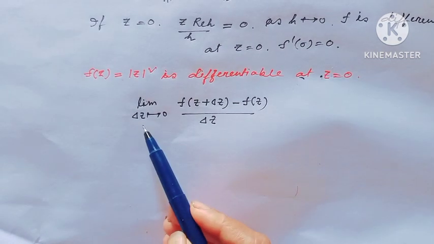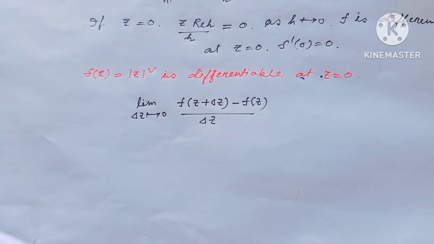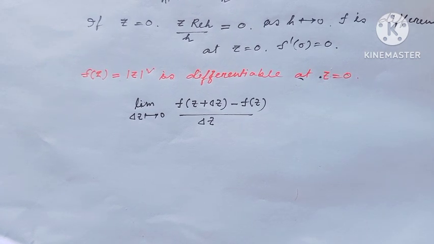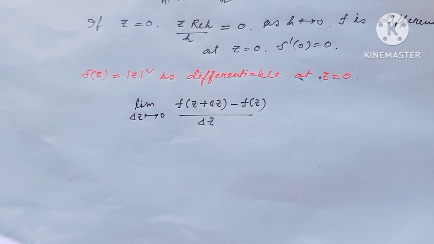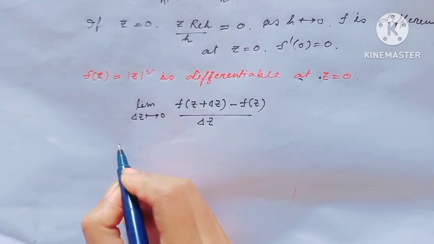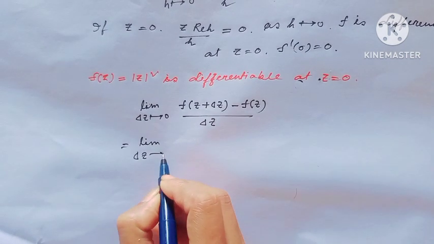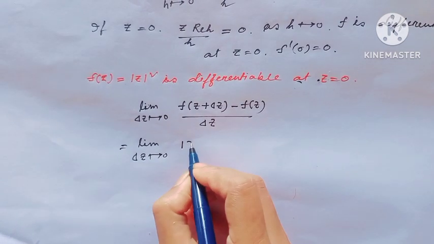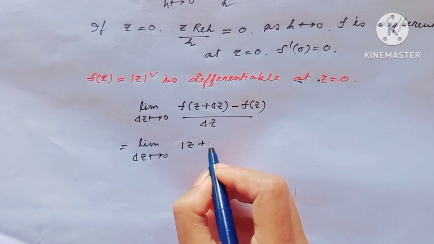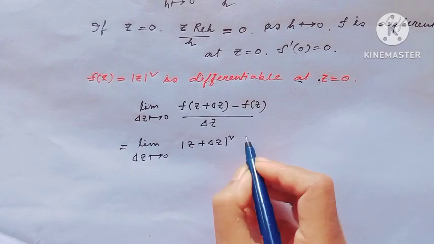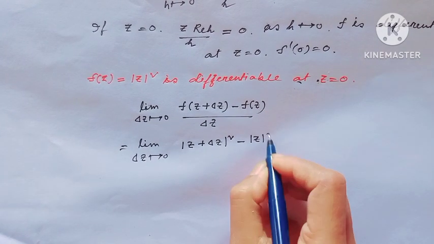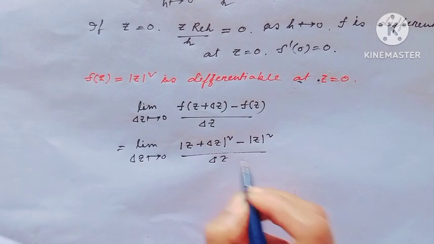Then the limit as delta z tends to 0 of (f(z + delta z) - f(z)) over delta z.